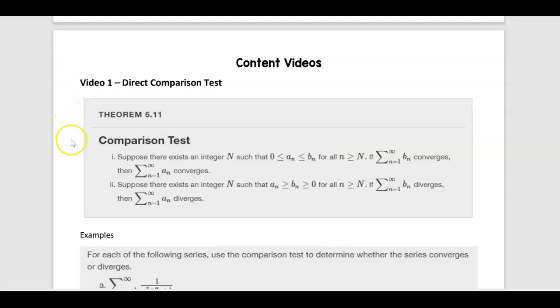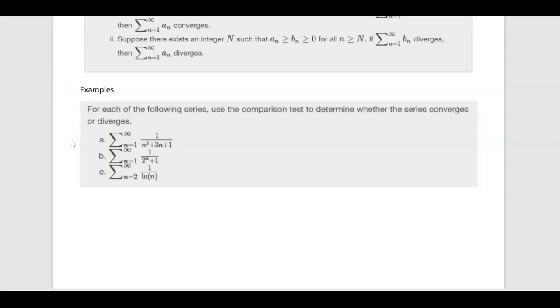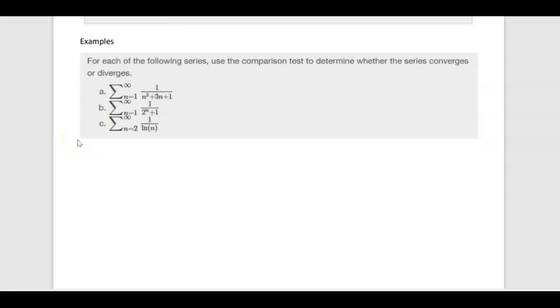Let's look at a couple examples. Just like we had parent functions, I like to think of these as parent series, if you will. I look at this leading term here on the bottom, and I'm like, okay, this series looks a lot like 1 over n cubed with some other stuff.